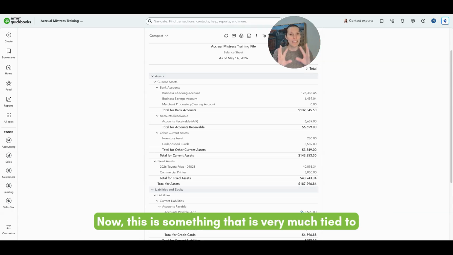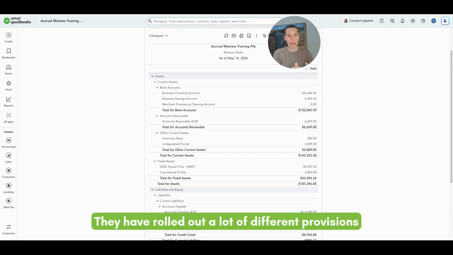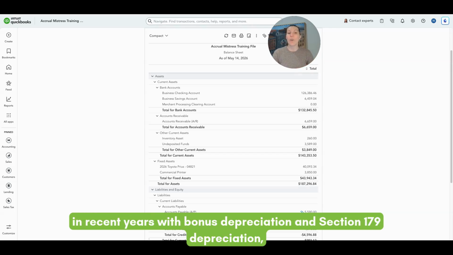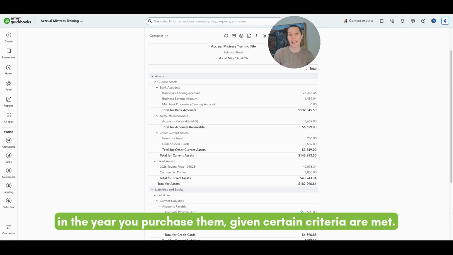I might expense it over multiple years. Now, this is something that is very much tied to tax law, okay? So what you can and cannot do as far as depreciating assets is tied directly to your tax return. They have rolled out a lot of different provisions in recent years with bonus depreciation and Section 179 depreciation, where you actually can depreciate assets fully in the year you purchase them, given certain criteria are met.